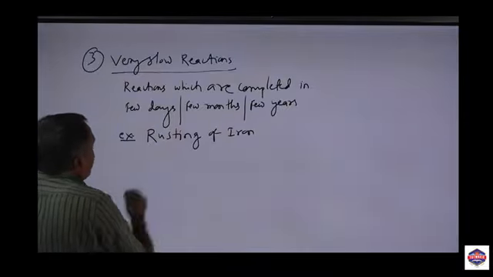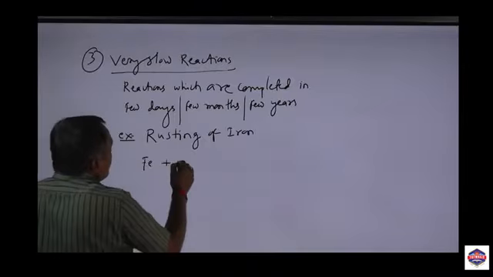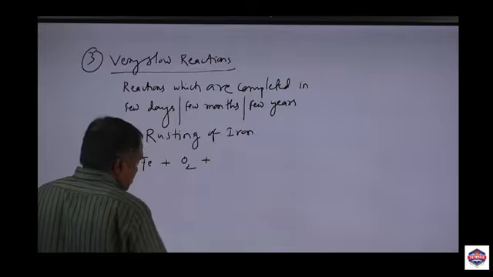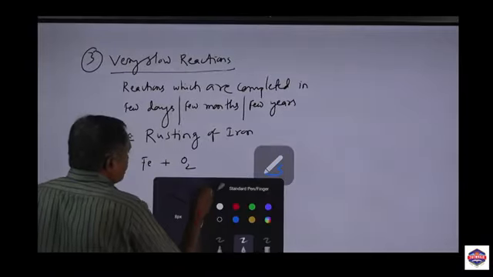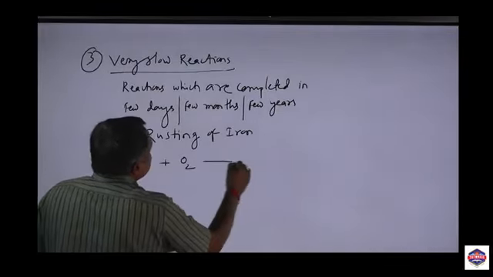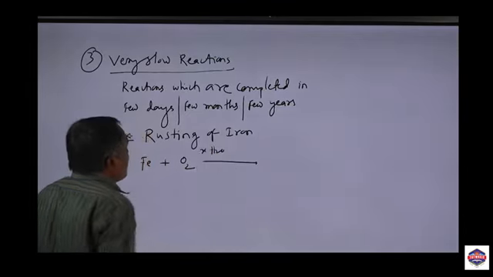Rusting of iron means iron exposed to air and moisture. Air means O2 and moisture means water. So this is X moles water.